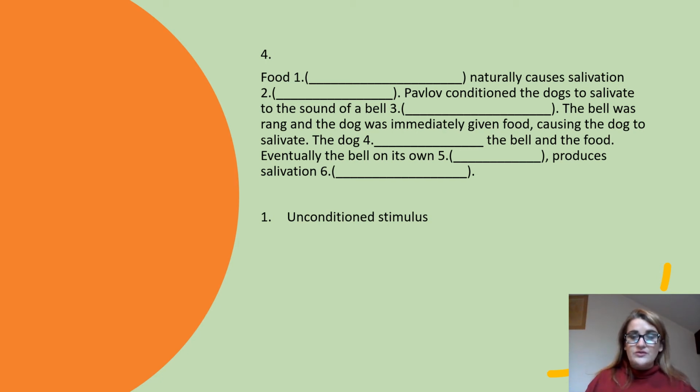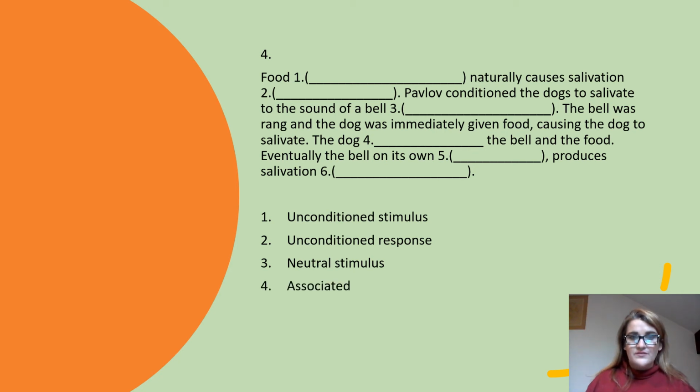Okay, so let's go through this. So food, which was an unconditioned stimulus, naturally causes salivation, which is an unconditioned response. Pavlov conditioned the dogs to salivate to the sound of a bell, which is the neutral stimulus. The bell was rung and the dog was immediately given food, causing the dog to salivate.